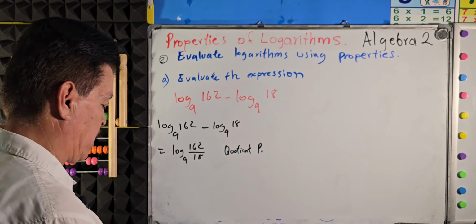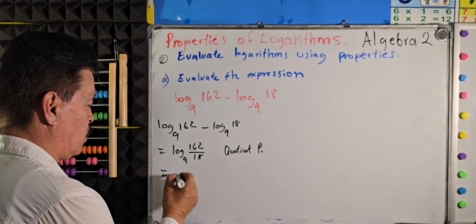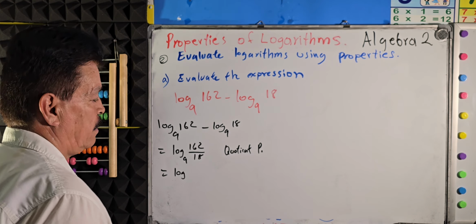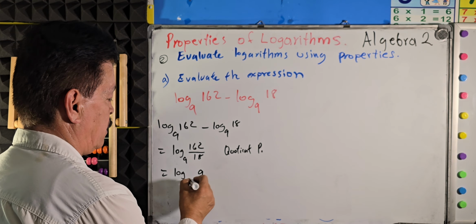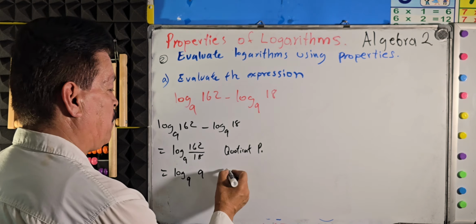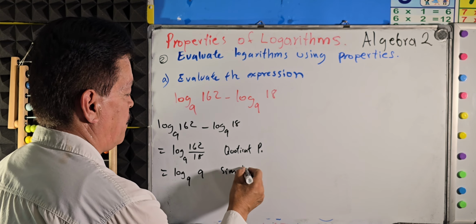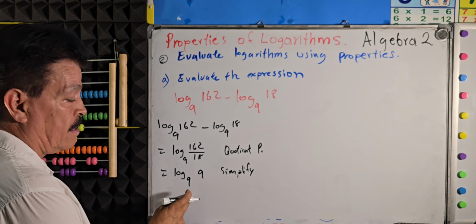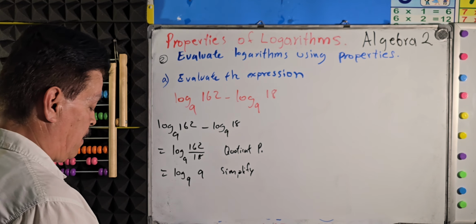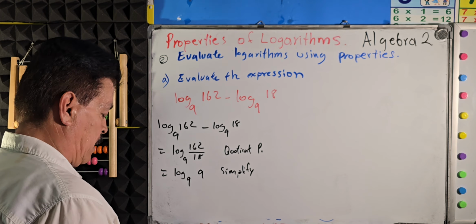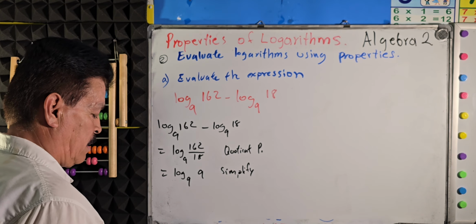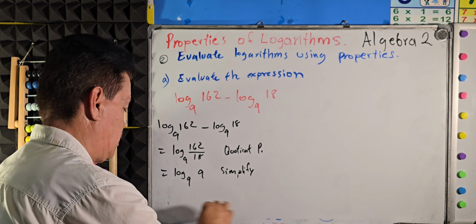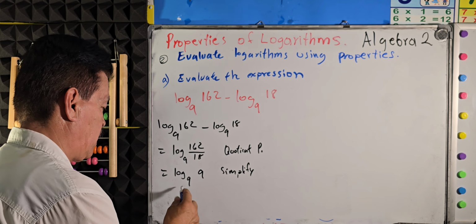And then simplify here. 162 divided by 18 is equal to 9. So since the base is 9, rewrite 9 with the base of 9. So it's going to be 1.